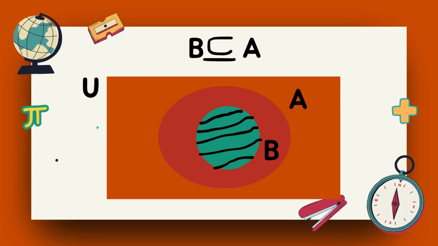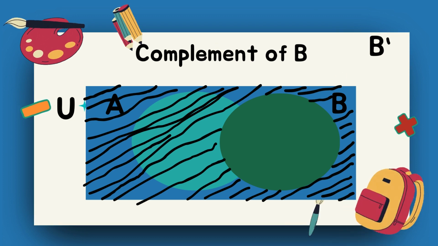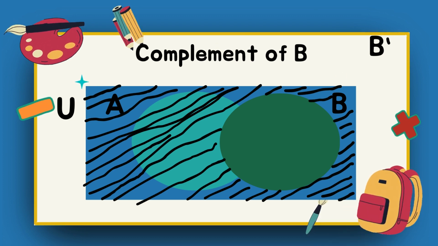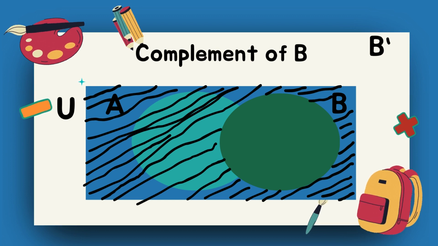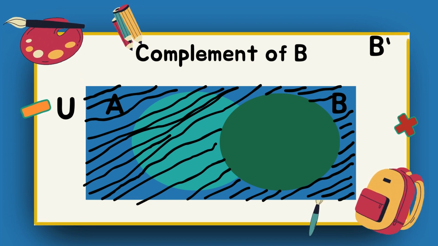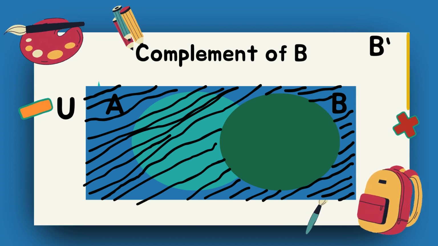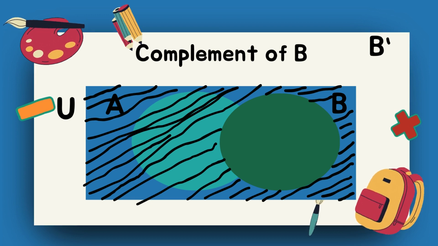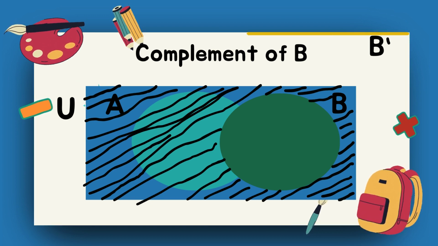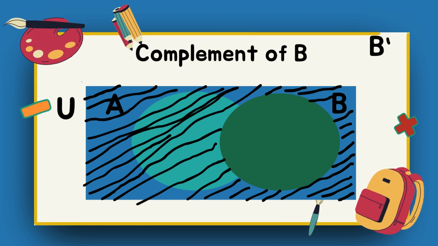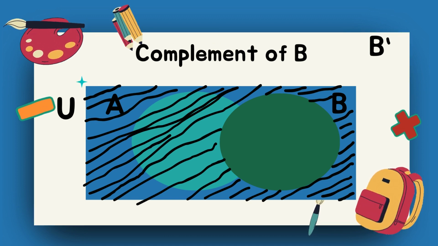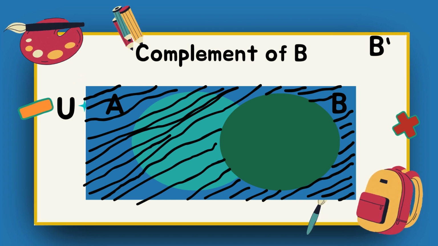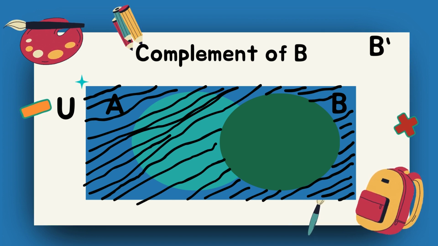Another relationship is complement of B. So the shaded region indicates the complement of B. And as you can see at the top, this indicates B complement. The complement of B, the set of elements not in B, right?